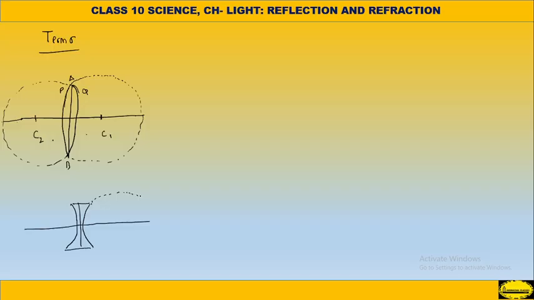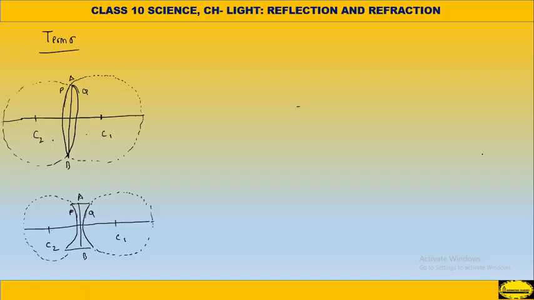If I draw the sphere part completely, I can locate the center of curvature this side. If I draw from here, I can locate the center of curvature here. Let it be C1 and C2. This lens will be AB. This surface is P and this surface is Q.